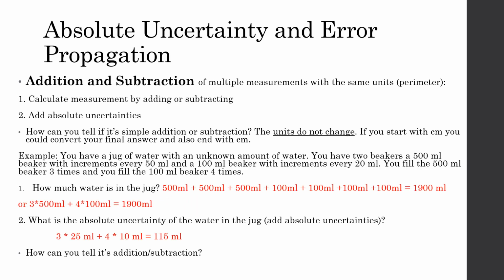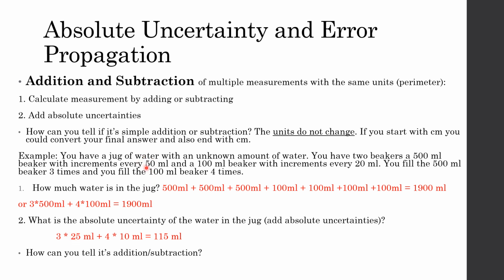The next thing that we're going to do is find the absolute uncertainty of the water in the jug, and we're going to do this by adding the absolute uncertainties. This, of course, means that we need to find the absolute uncertainties first, okay? So you can see I already have the absolute uncertainty for our larger beaker, right?